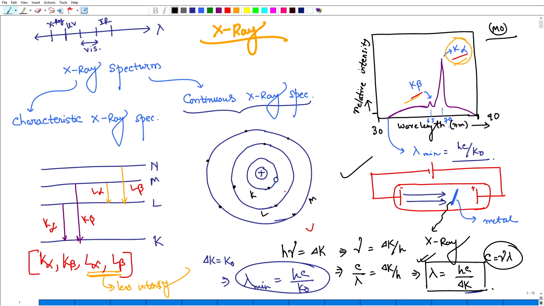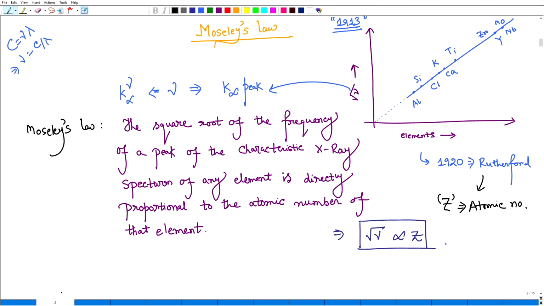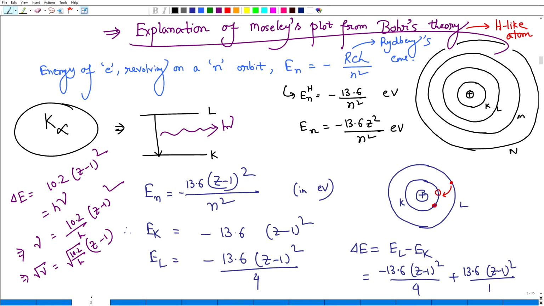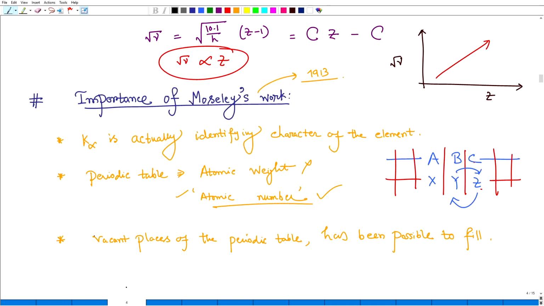Then we came to the X-ray spectrum, that is very important. There are two types of X-ray spectrum, continuous and characteristic, and then we discussed the reason behind the continuous X-ray spectrum and the characteristic X-ray spectrum. And using the characteristic X-ray spectrum, we analyzed Moseley's law, how Moseley gave the law, and how the Bohr atomic theory is able to explain this Moseley's law. Then we discussed the importance of Moseley's work.